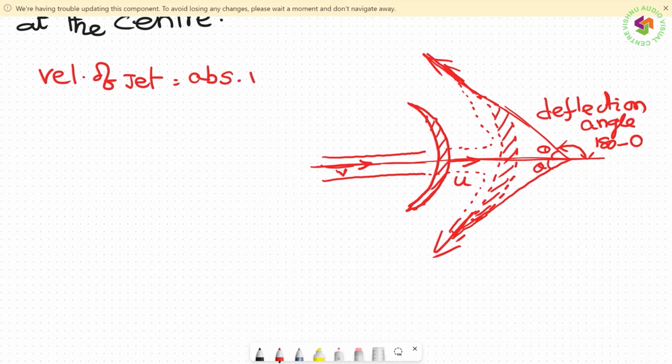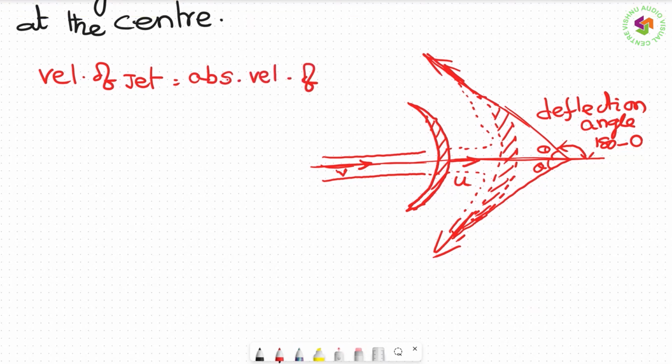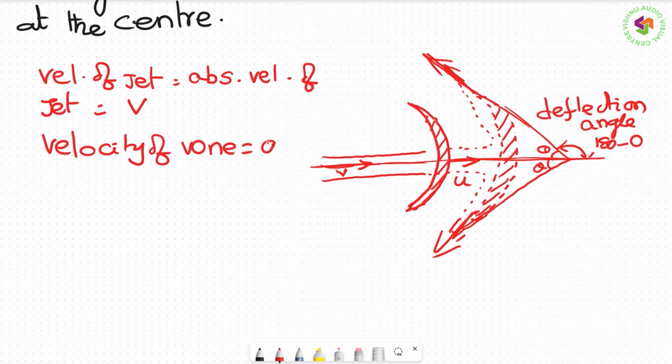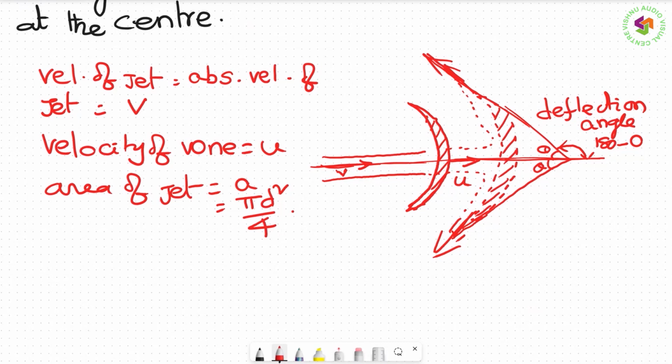Absolute velocity of jet is equal to V. The velocity of vane is equal to U. Area of jet is A, which you can calculate by pi d square by 4, where d is the diameter of jet.